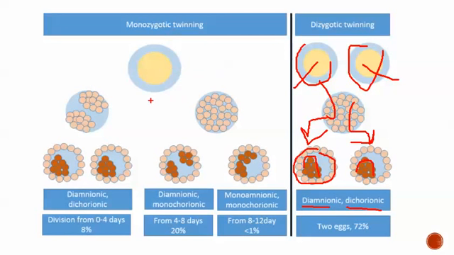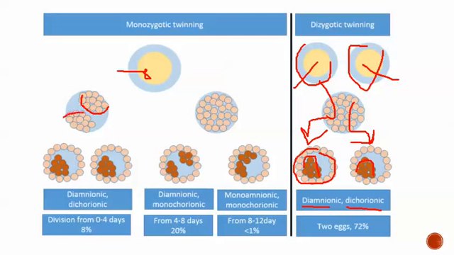Now you get into monozygotic twinning, which is where it becomes a little bit more interesting. So you have the egg here, fertilization, zygote formation, and then depending on what happens with the morula, if the cells divide up here in the morula, and you have two different poles, you can see that you're going to have one covering of these cells, right?